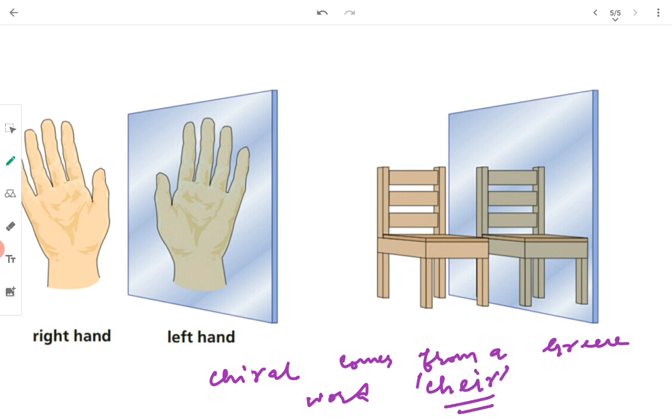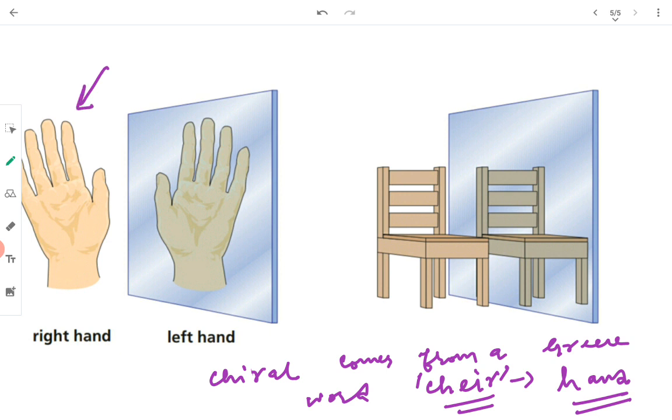This is the Greek word, and it means hand. So chirality means handedness. What is this handedness? I will explain it.